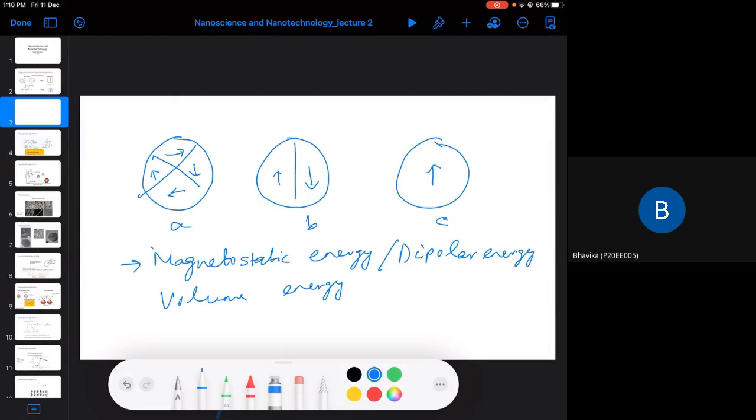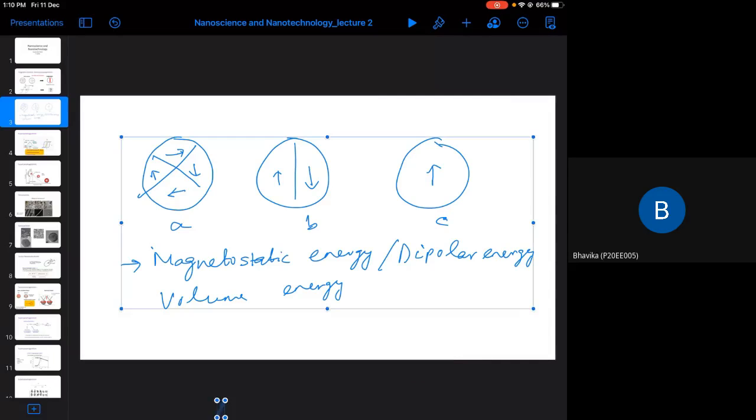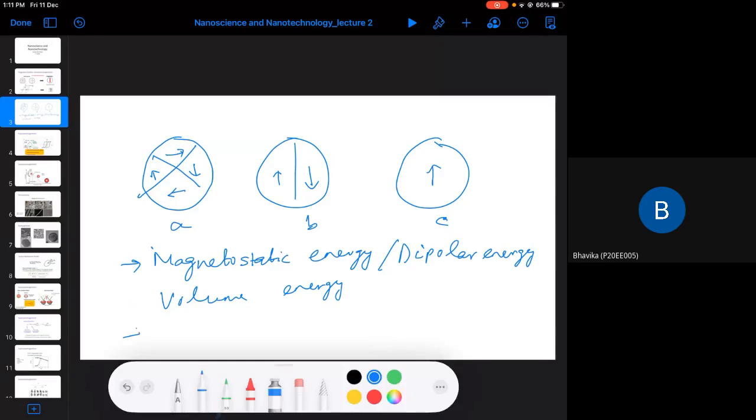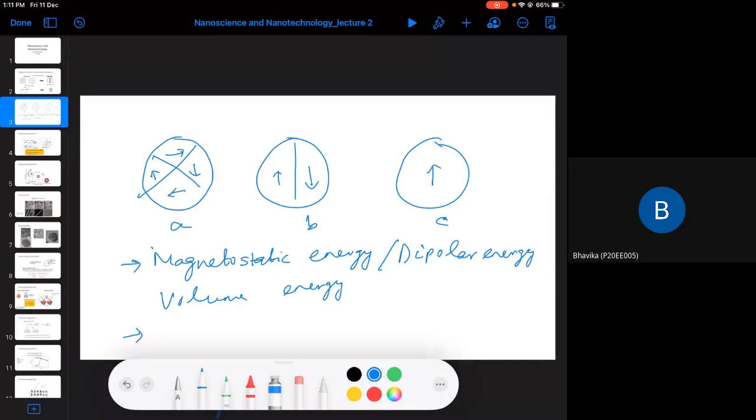This is one contribution, and another contribution is your domain wall energy.